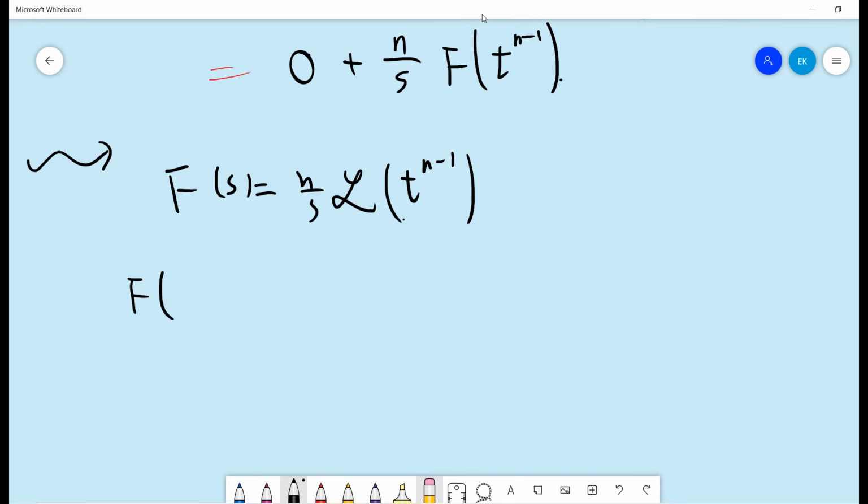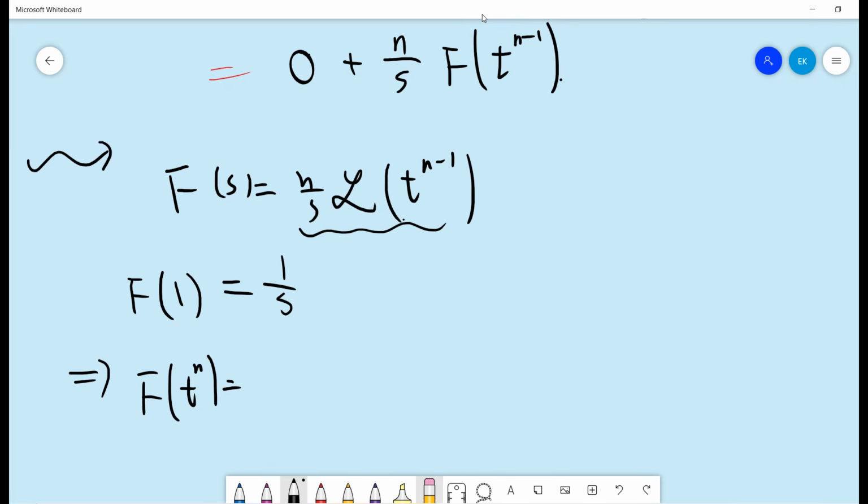So we know that f1 we already got is 1 over s. So this tells you that for t to the n, you just keep using this formula, so you get n factorial over s to the n plus 1, and there are n, right? So there are n terms, so you will get the n factorial here, and for each time you use this recursion, you get the extra s, right?